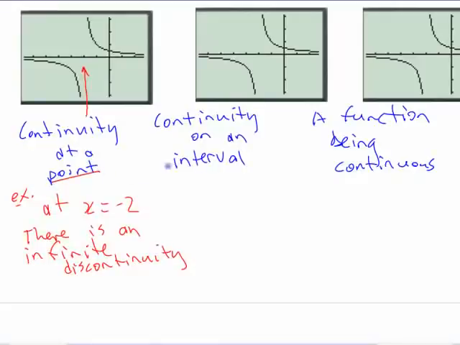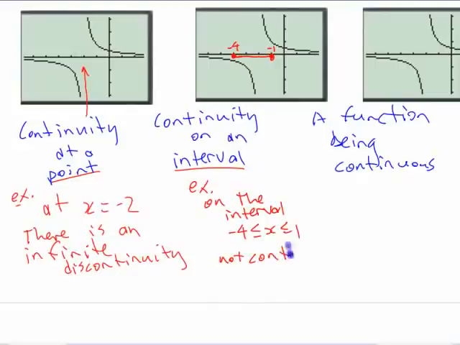You could talk about continuity on an interval, so that was on a point. On an interval means a range of numbers. So you could say maybe from negative 4 to negative 1. Is it continuous on that interval? It's not, right?